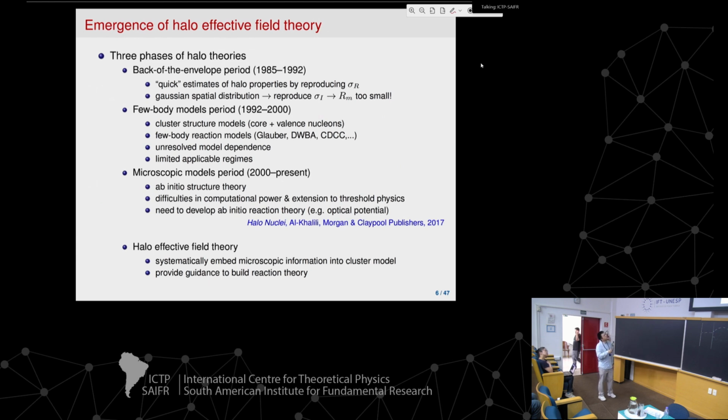He described the theoretical study of halo nuclei in three different phases. The first phase is called the back-of-the-envelope period, starting from the discovery of halo nuclei to about the 1990s.